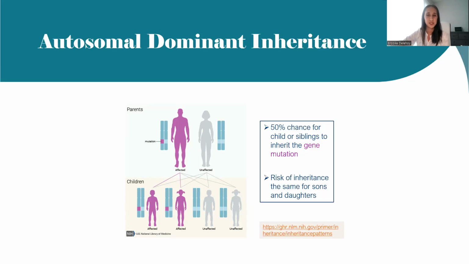But again, as we'll talk about a little later, there are sometimes other mechanisms that we can try to assess for in different individuals to see if they do qualify to be in a more high-risk category when it comes to cancer screening. And that type of inheritance that I was talking about earlier, as you can see on this slide, is called autosomal dominant inheritance.